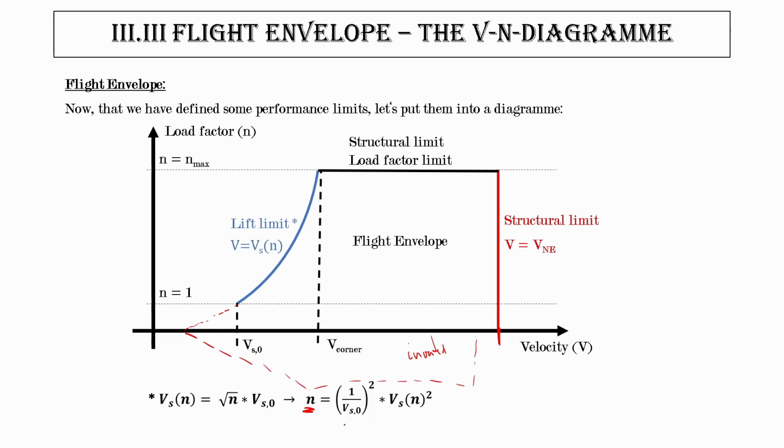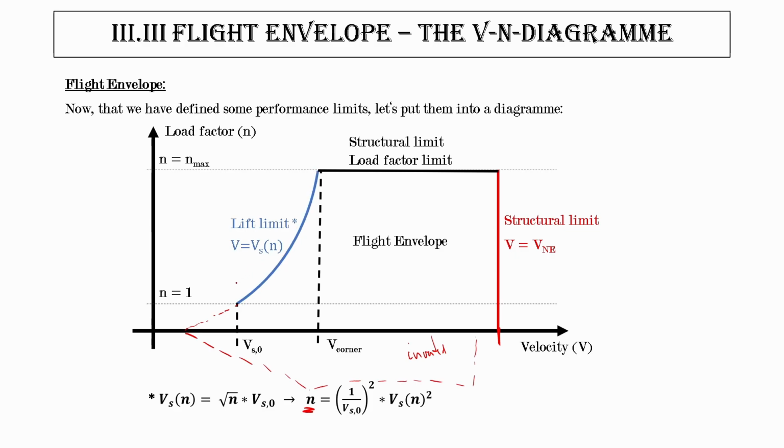So this factor here comes from our stall speed at straight and level flight, and then our stall speed depending on the load factor is what we can plot here. And it's a quadratic relationship, which is why the graph shows a quadratic shape.